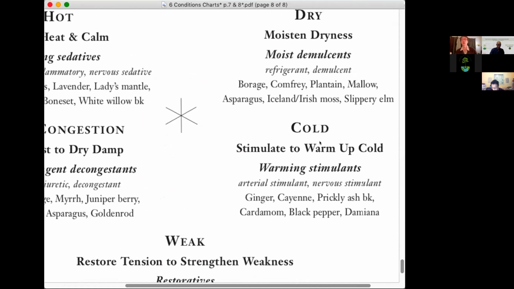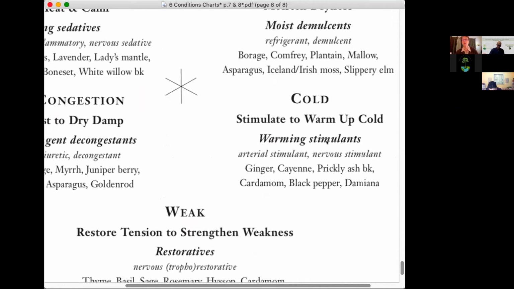Cold conditions. The treatment principle is to stimulate, to warm up cold, right? Warming stimulants. So stimulant is different from restorative. Restorative, we're just building and tonifying in a gentle way. But when we use a stimulant, we're pushing the energy a bit further.